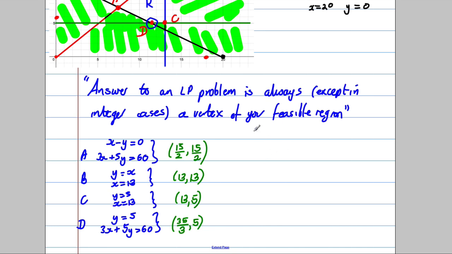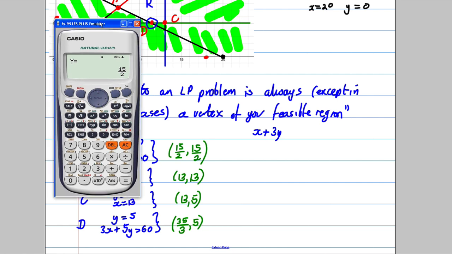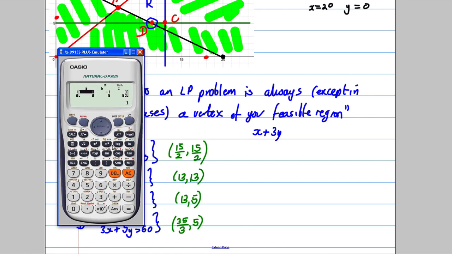So what we do is we work out x plus 3y for each of these sets of coordinates, and we work out which one's the minimum. So I'd get my calculator here, and I'd type in x plus 3y.